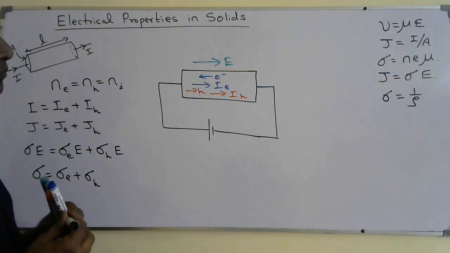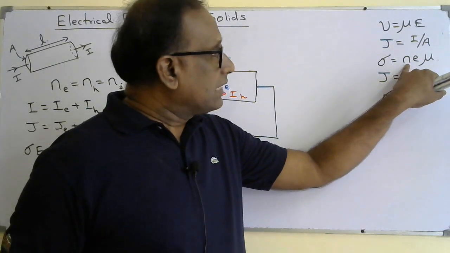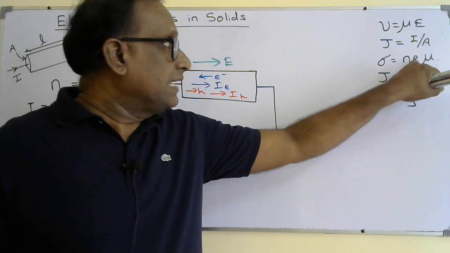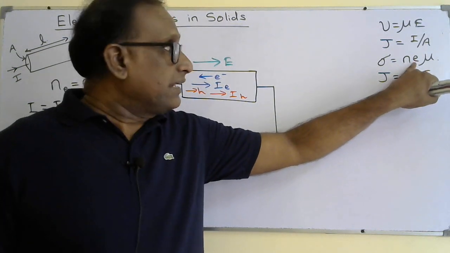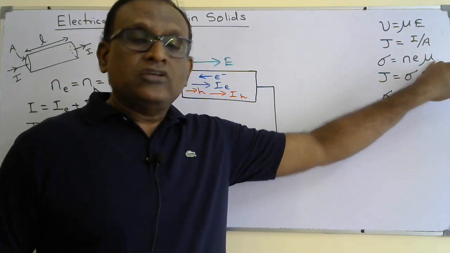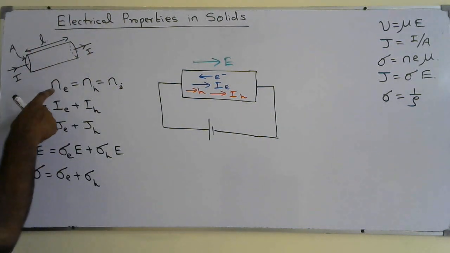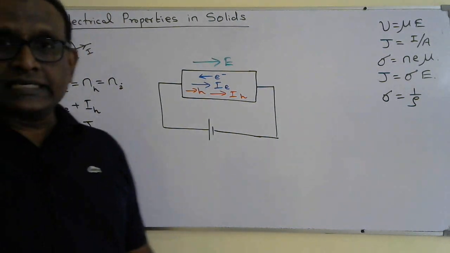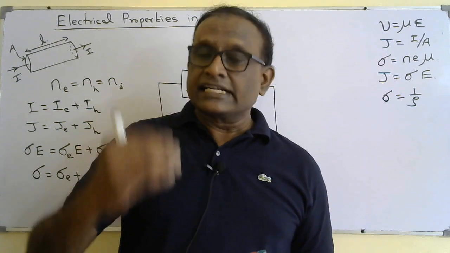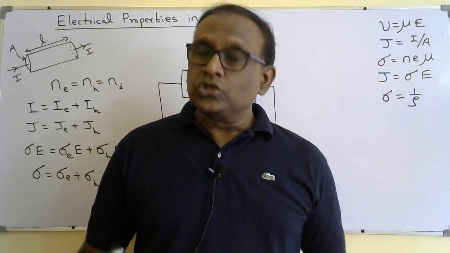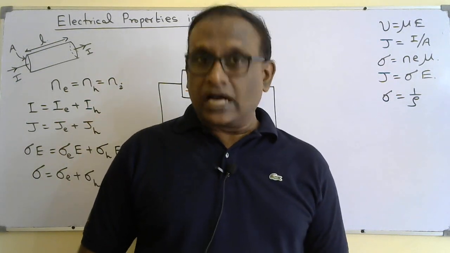But we know that sigma is equal to n, the carrier density, into the charge of the carrier into mobility. I already told you that in an intrinsic semiconductor, the carrier density of conduction electrons and the carrier density of holes are the same.